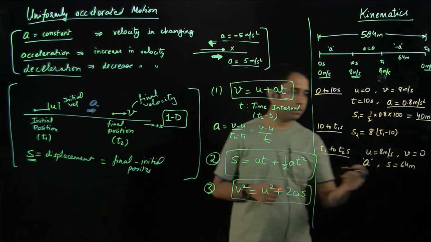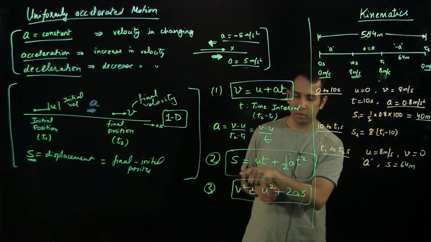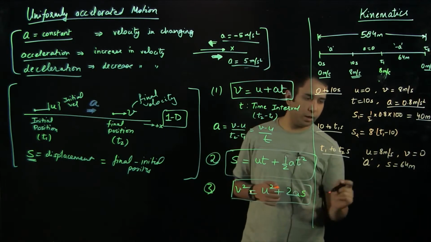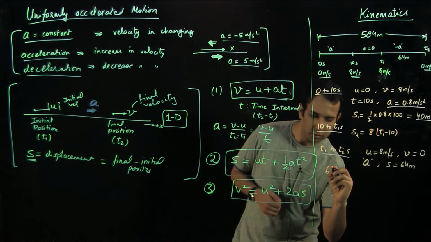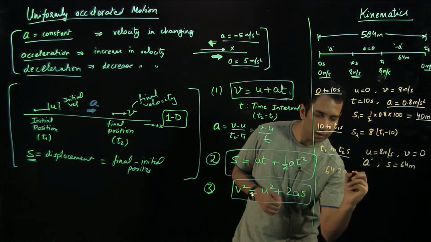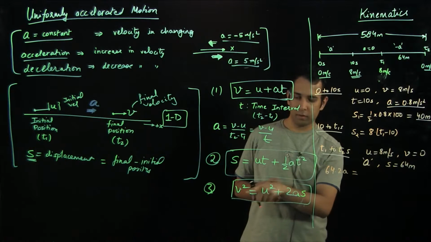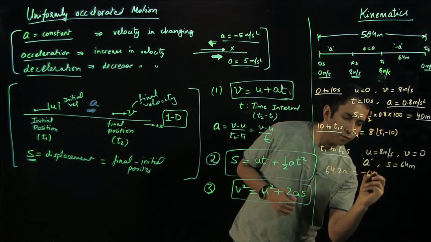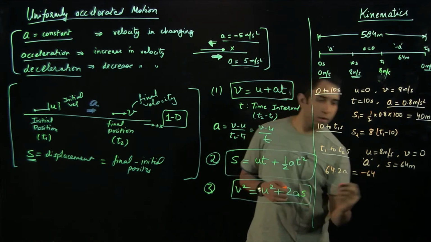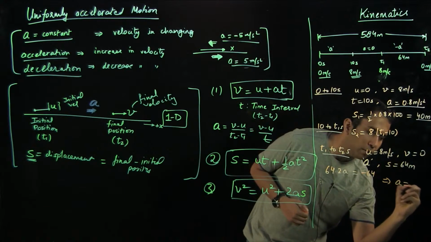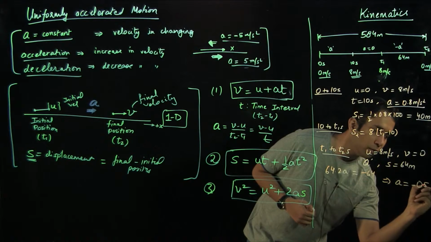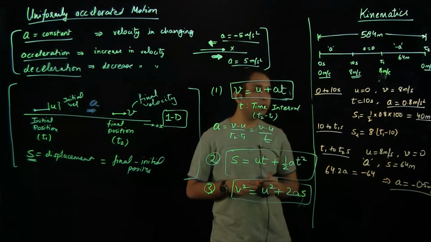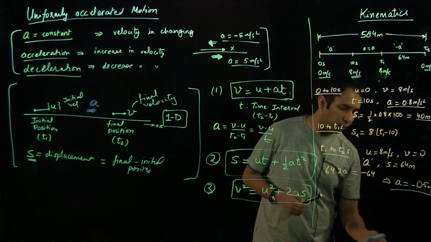So let us use this equation because it will be easier to use. Then we can find out a. So 64 into 2 into a, and v square is 0, so it gives us minus 64, which is u square. So this gives us a equal to minus 0.5 meter per second square, and that is correct because, so let me write it nicely.